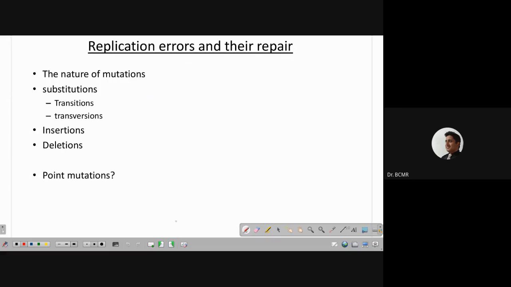First thing, there are also some more technical terms that you have to remember. There are the substitutions. What is a substitution? GACT is there. I discussed insertion and deletion, right? Insertion is you put in a base. Deletion is you remove something. But there is also something called substitution.